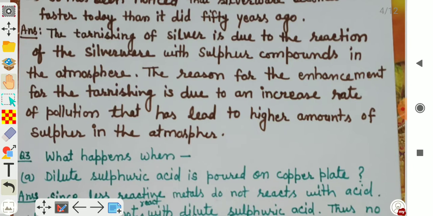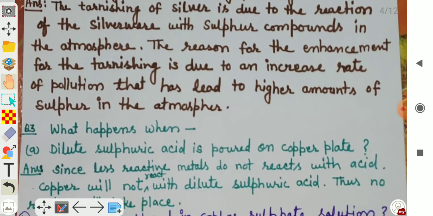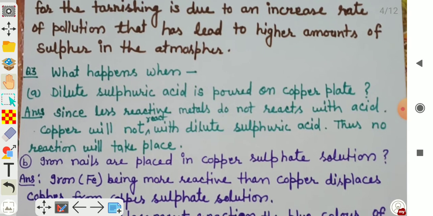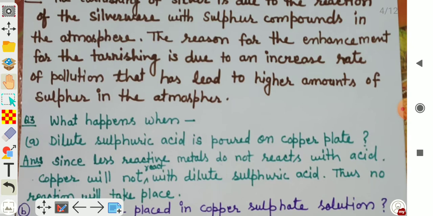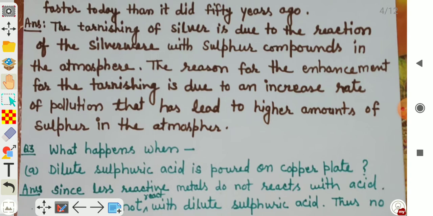The enhancement of the tarnishing is due to an increased rate of pollution that has led to a higher amount of sulfur in the atmosphere. Due to the higher amount of sulfur compounds in the atmosphere, silverware tarnishes fast.